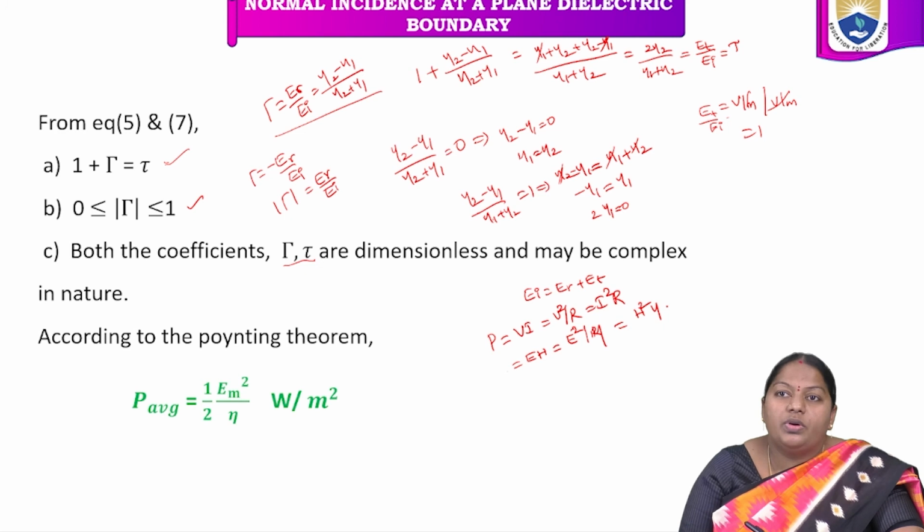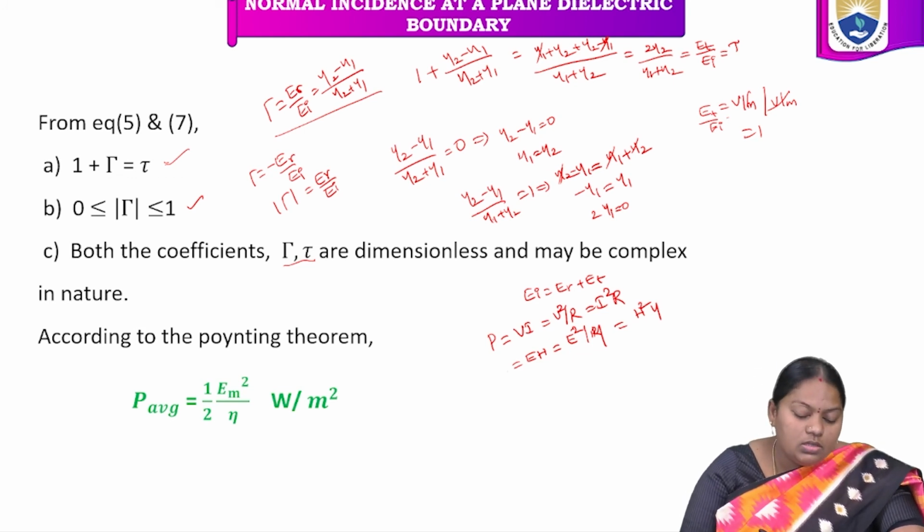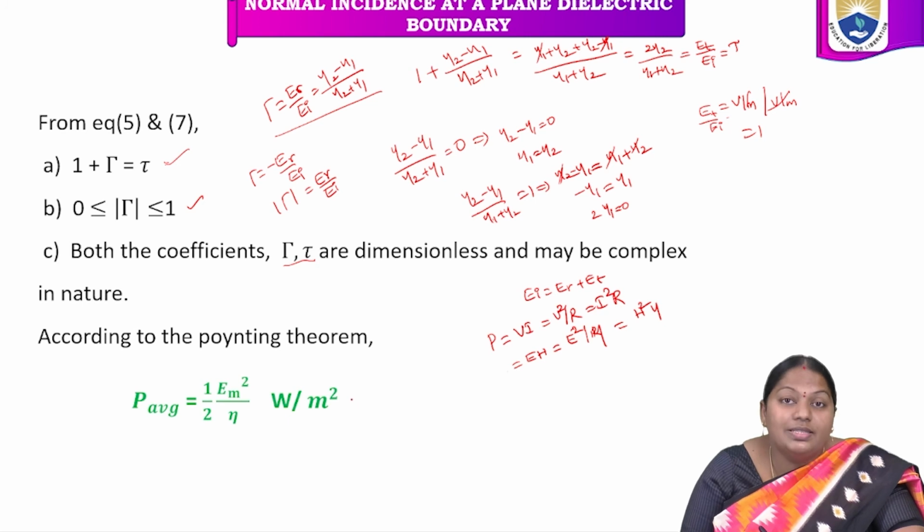Depending upon medium 1 and medium 2, we are going to consider Ei square, Hi square, Hr square, Ht square, like that. So in general, this average power density P average is given by 1 by 2 into Em square by eta.